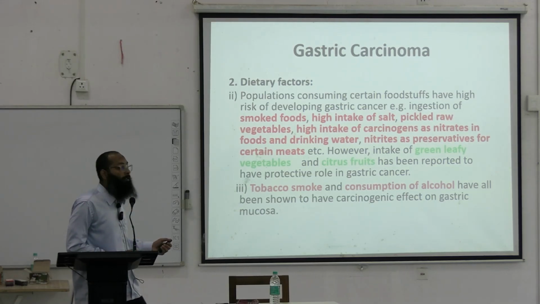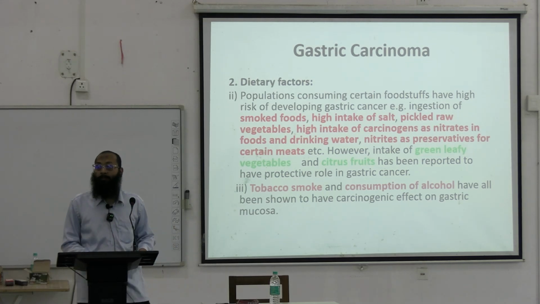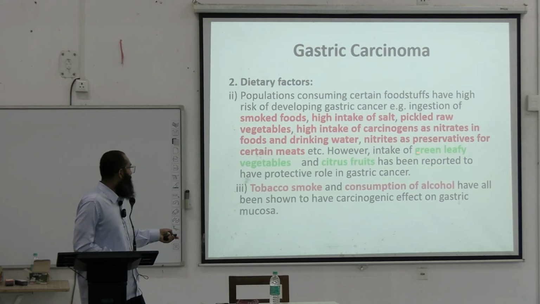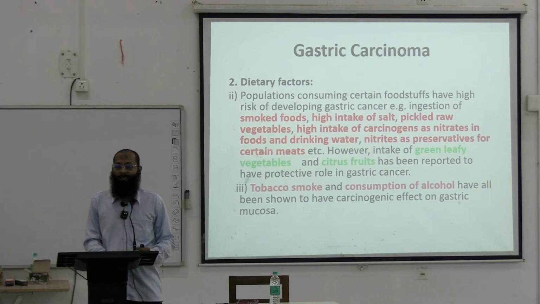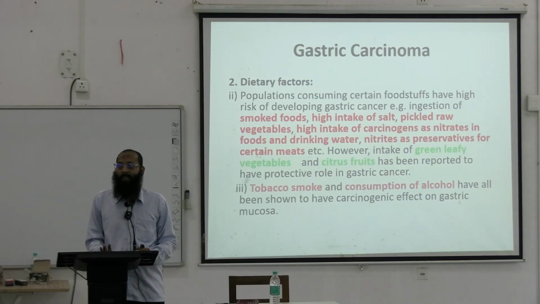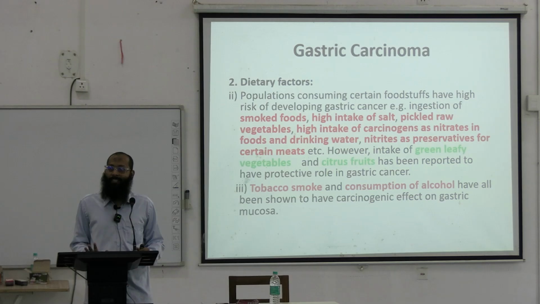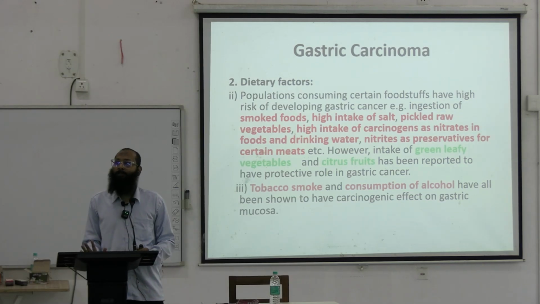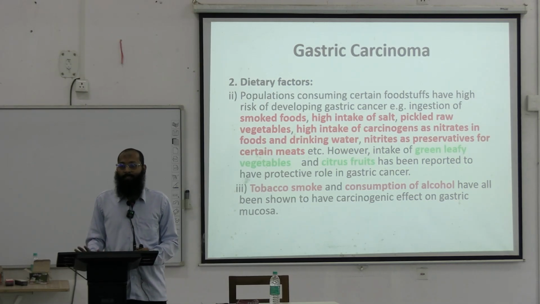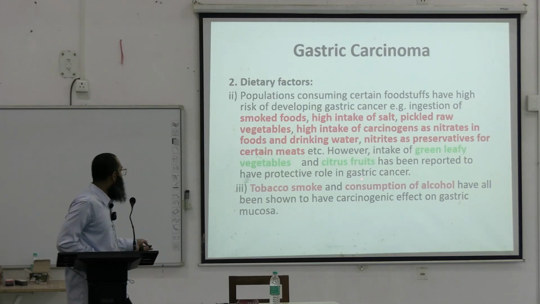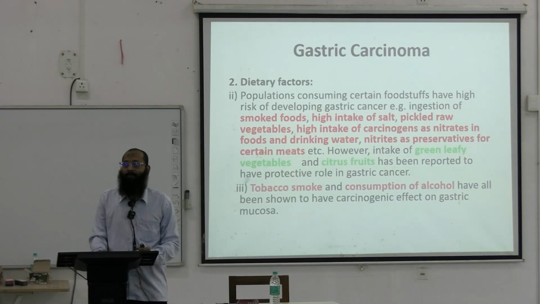And what is good for our stomach health? These are green leafy vegetables. Green leafy vegetables provide us iron and they also protect our stomach from cancer. Next is citrus fruit.